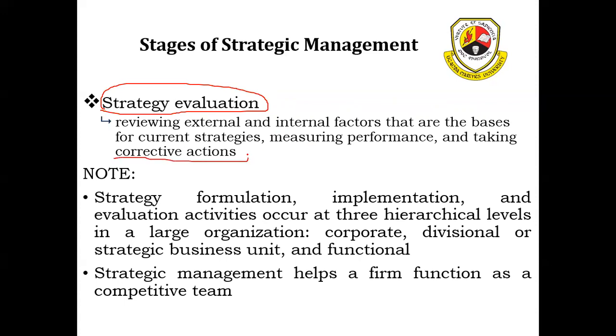Then you also look at the actions you wanted to correct, because remember there's a change management going on. You look at the things that you changed and corrected, to see if it actually brought up the measured performance you are aiming for.